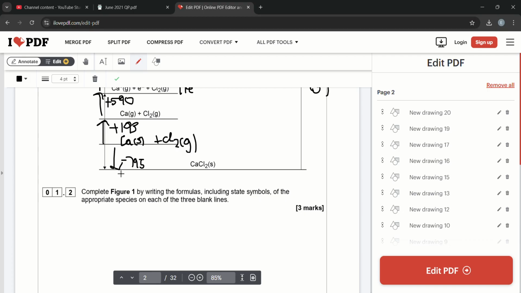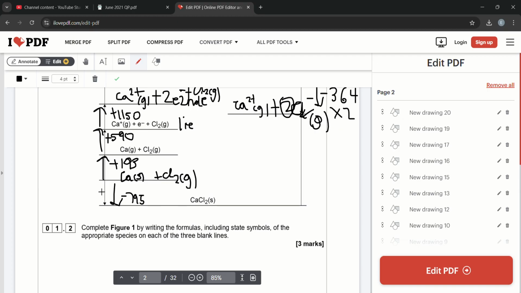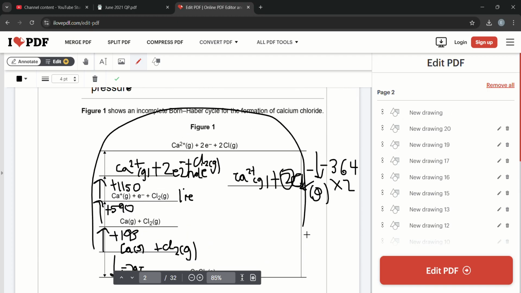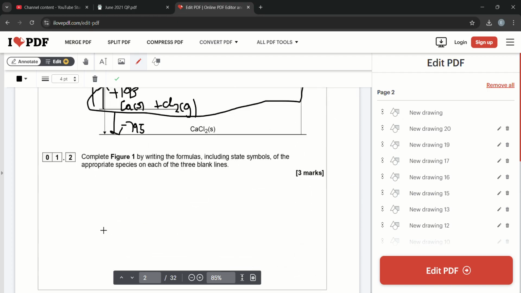So minus 795 is going to equal the rest of this. So what's it going to equal?